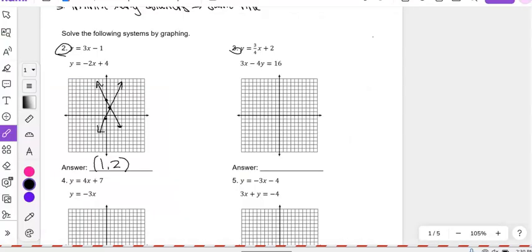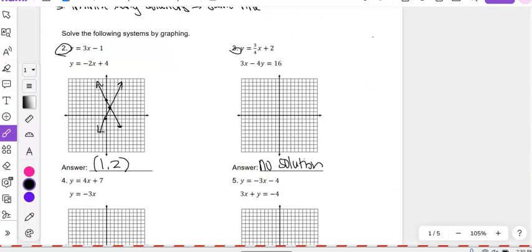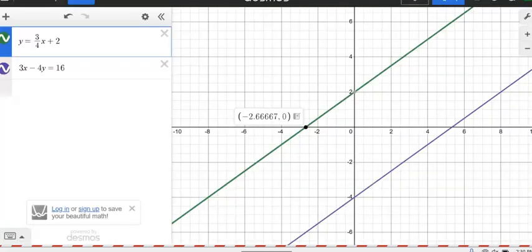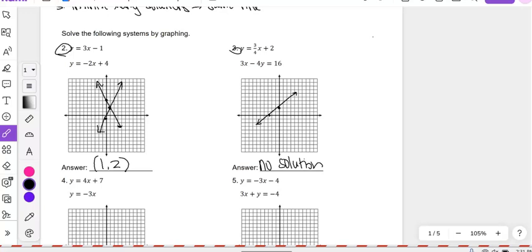So this is going to be no solution. And I would graph the 2: about negative 2.6, so I'm going to go up 2 and about right there. That's the first line. And then the second one is at negative 4 and negative 5.3, or positive 5.3.